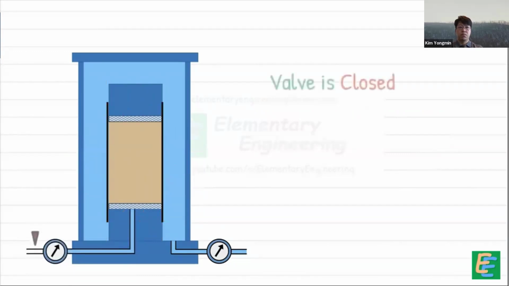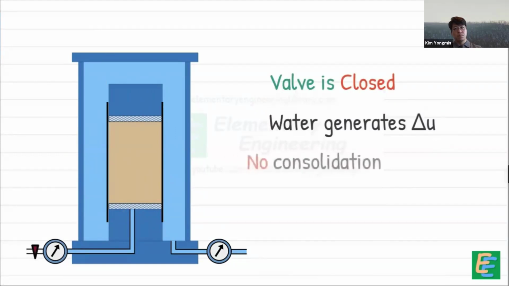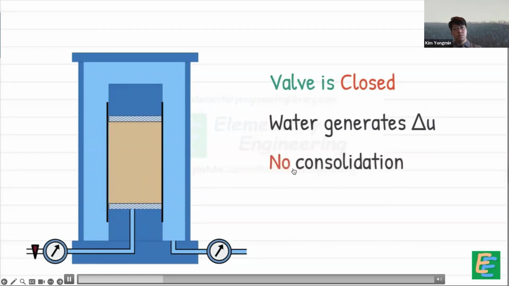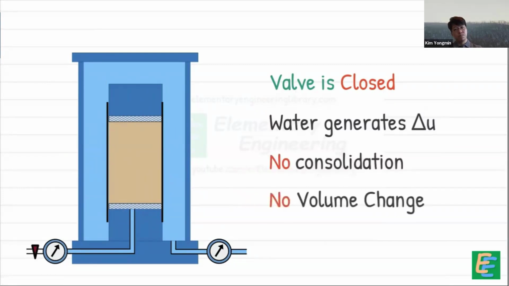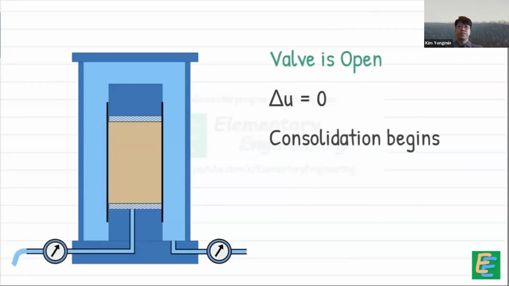When this valve is closed, the water generates pore water pressure, which we can measure on a dial gauge. In this condition, the sample won't consolidate because water can't leave the sample, resulting in no volume change. But if we keep the valve open, the water flows out and doesn't generate pressure. Soil begins to consolidate. In this case, we can't measure the pore water pressure.